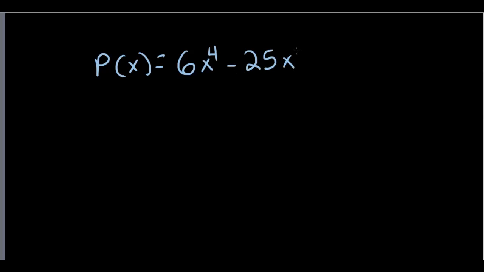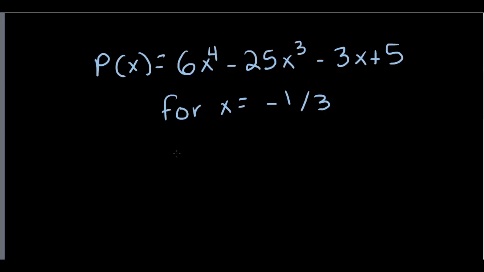Let's try one more polynomial, and it's going to be the polynomial p of x equals 6x to the 4th minus 25x cubed minus 3x plus 5 for x equals -1/3.